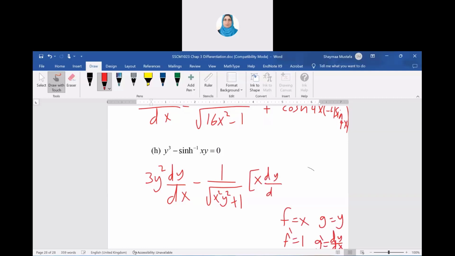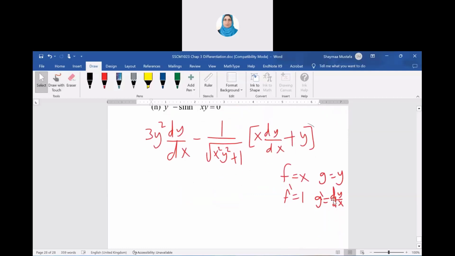So x dy dx plus y. Now the second step is setting equal to 0. The derivative of 0 is 0. So I just need to separate the terms that have dy dx.